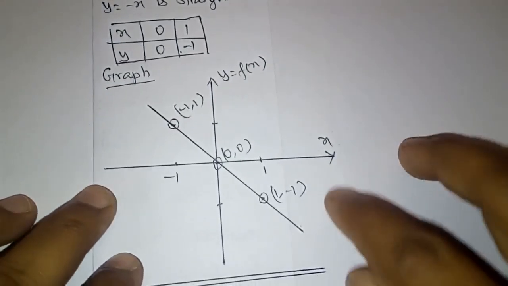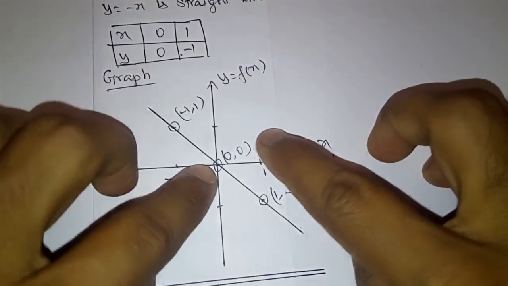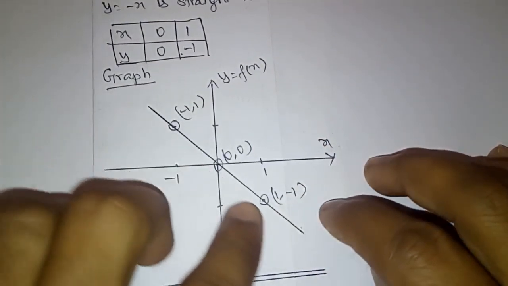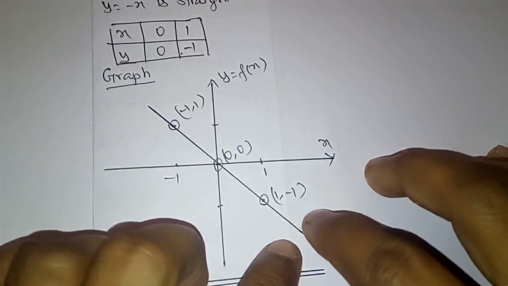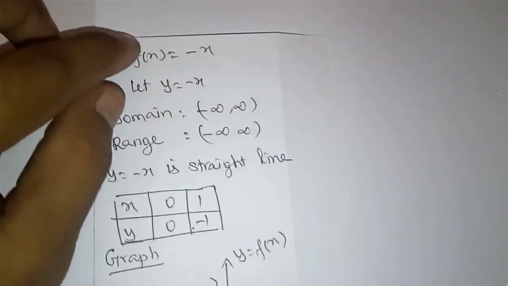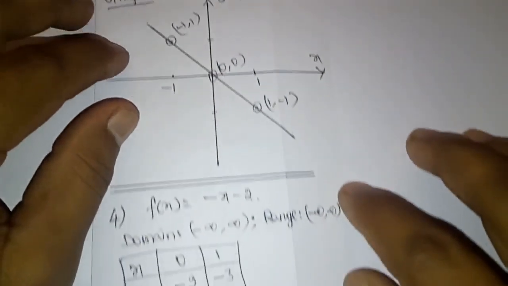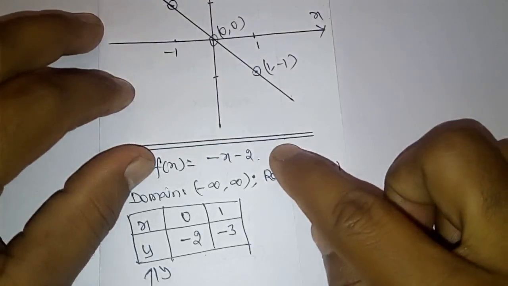We plot these points, (0, 0) here and (1, -1) here. Then joining these 2 points by a straight line, we have the graph of the function f of x equal to -x.